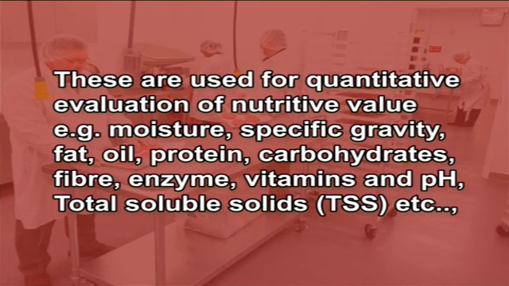While the chemical methods are used for evaluation of the hidden quality attributes. These are standard food analysis methods. These are used for quantitative evaluation of nutritive value, for example, moisture, specific gravity, fat, oil, protein, carbohydrates, fiber, enzyme, vitamins and pH, total soluble solids, that is TSS, etc. The microbiological quality attributes involve analysis mainly to ensure safety aspects of food for human consumption.